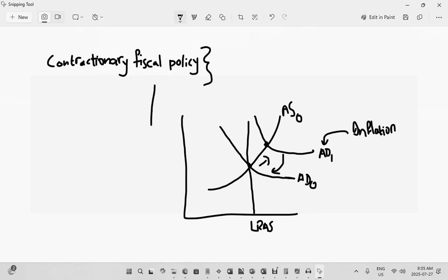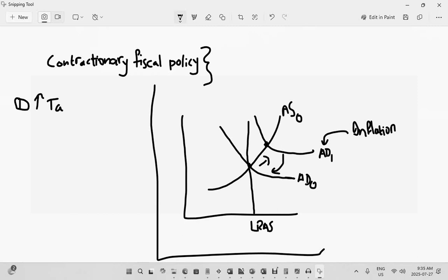All right, so when it comes to a contractionary fiscal policy, this would be the opposite of an expansionary fiscal policy. The way it's done, the government may increase taxes, which has to do with personal income tax as well as business tax. So taxes go up.